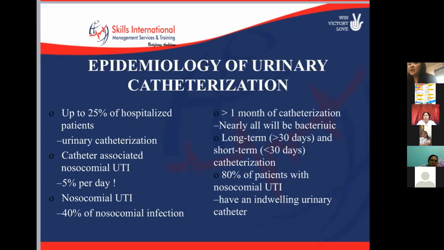Now, the epidemiology of urinary catheterization. Usually 25% of hospital patients have a Foley catheter. After about one month of catheterization, nearly all will be bacteriuric; long term is beyond 30 days and short term is within 30 days.